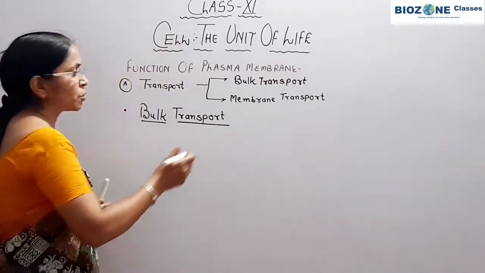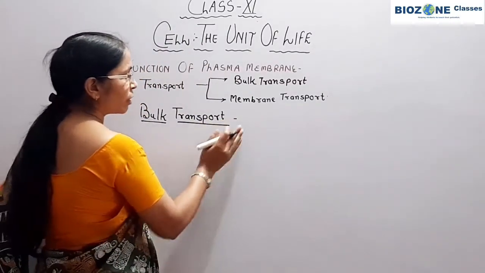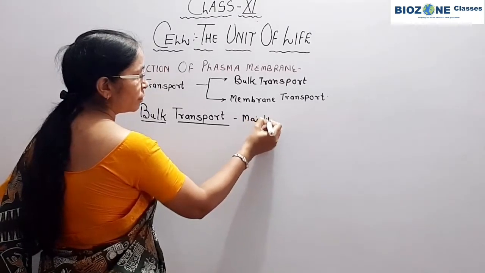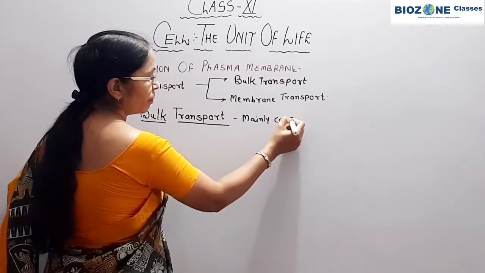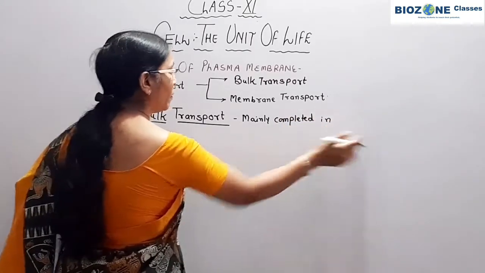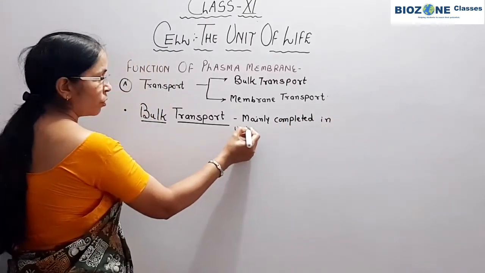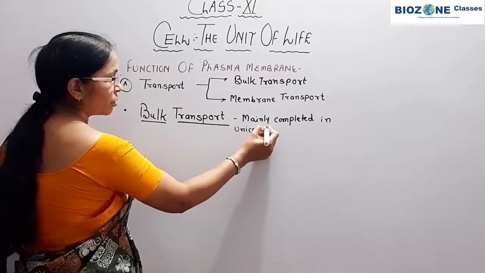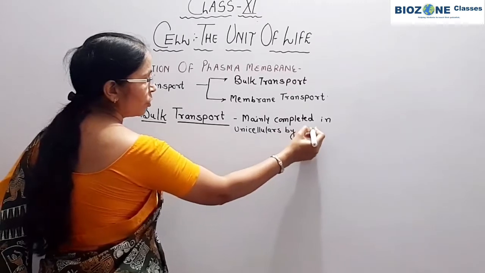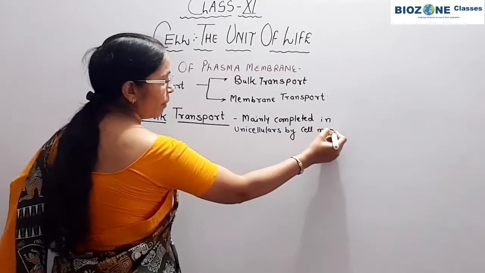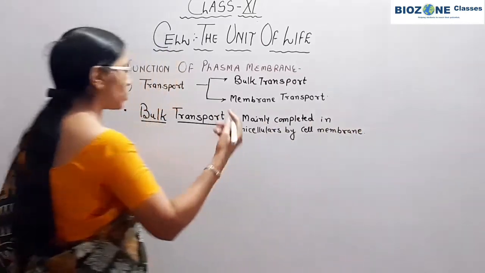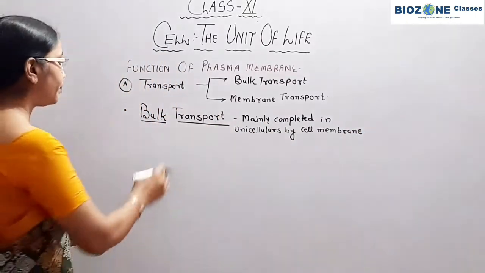So bulk transport is mainly completed in unicellular organisms by the cell membrane. The most common example for bulk transport we study is in amoeba.